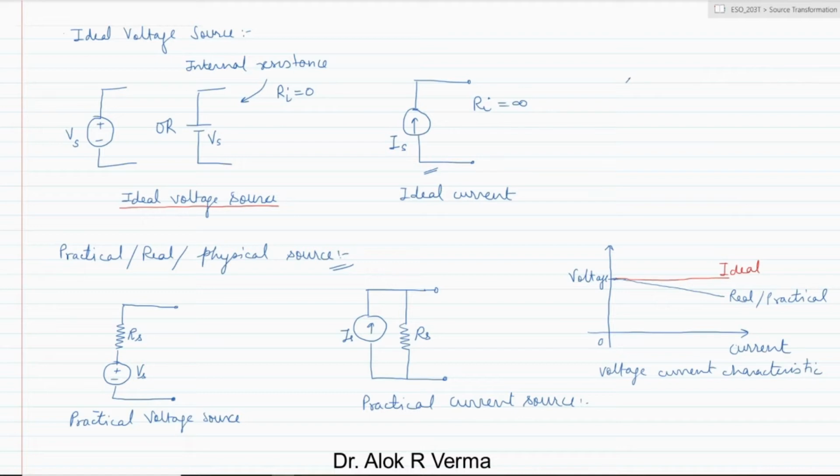Similarly, if we see the characteristic of a current source, suppose this is your current again, and this is the voltage axis. Here we write the voltage and here the current. First we'll draw the ideal characteristic.